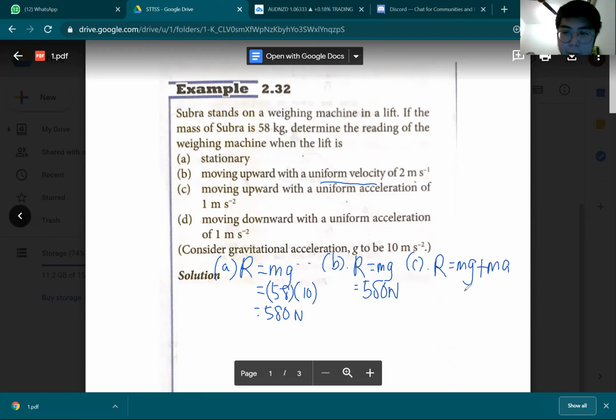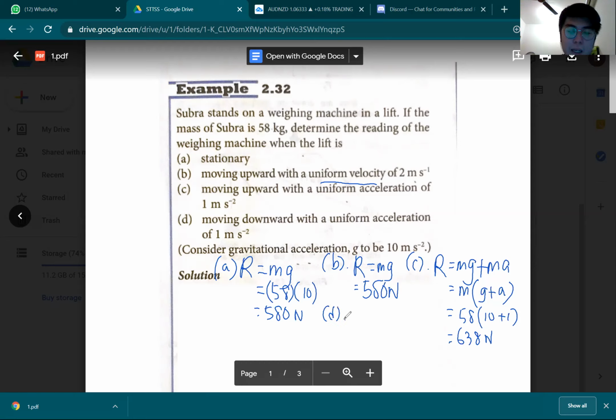There's acceleration here, so you can put m times g plus a. So mass is 55 and 10 plus 1. The answer is 605 Newton.